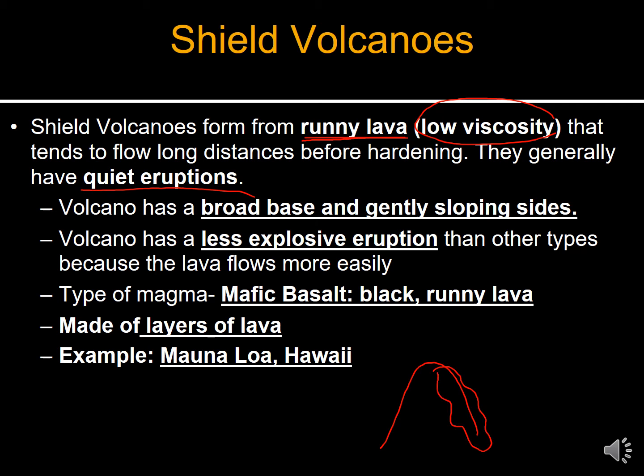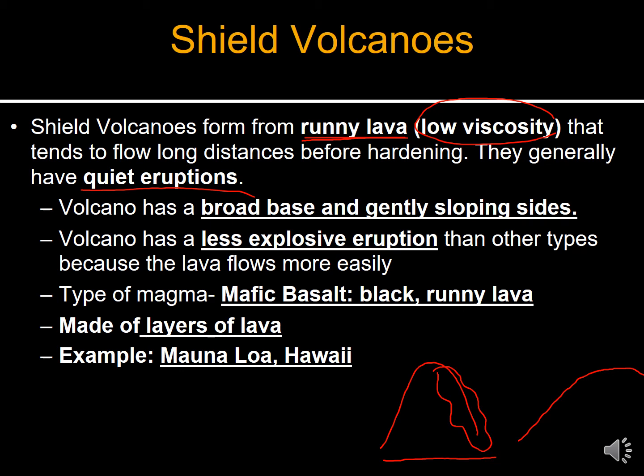Okay? So the volcano has a broad base and gently sloping sides. So again, broad base, pretty wide, gently sloping sides like this. Okay? Less explosive. It doesn't go flying out, it just runs.